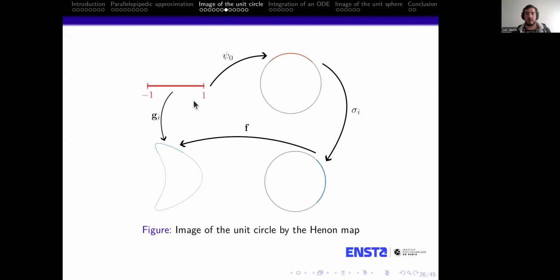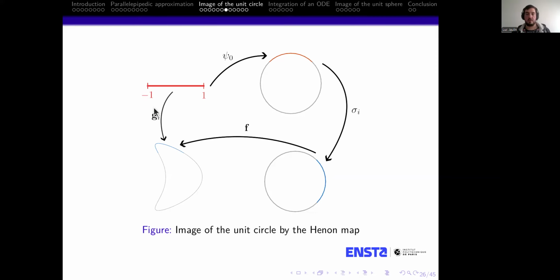If I go back to the figure I had earlier, I have my interval -1, 1. The image of this by psi0 is the top quarter of the unit circle. I can rotate this quarter circle with a symmetry sigma to get the blue quarter. And the image of this quarter by f is here.